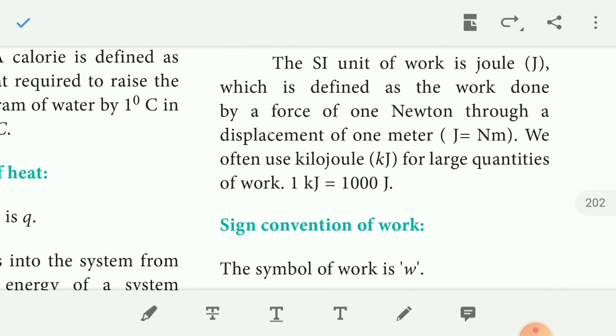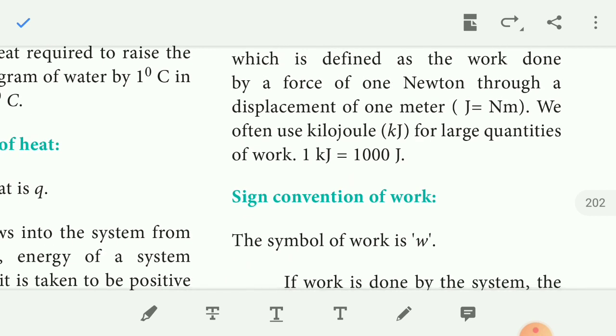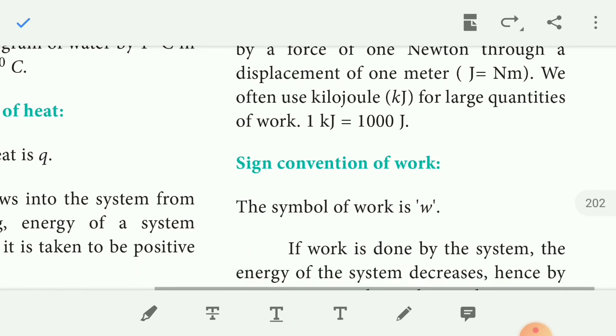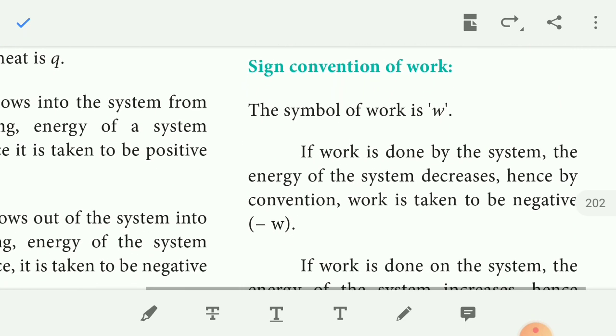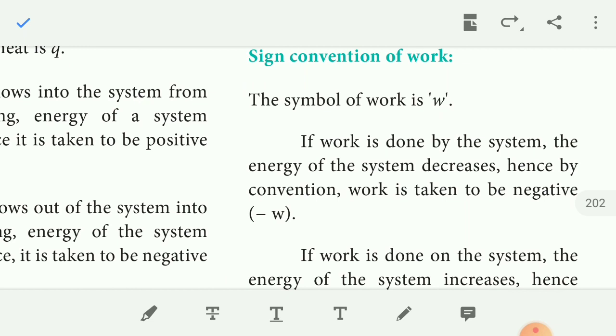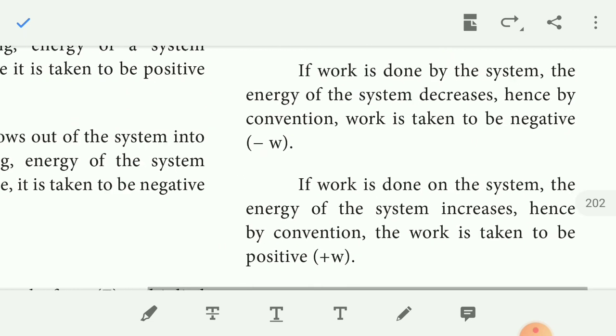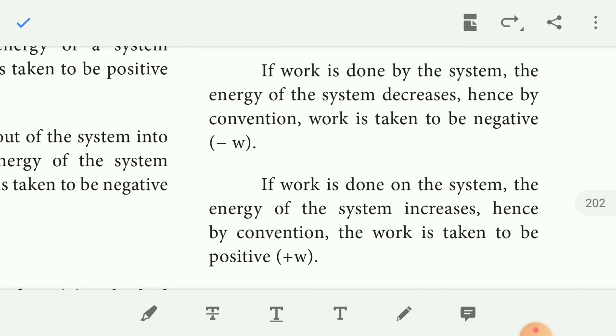Here, work done by the system means the energy of the system decreases, so the sign convention is minus W. If work is done on the system, the energy of the system increases, hence by convention the work is taken to be positive, so it represents plus W. This is the sign convention of work.